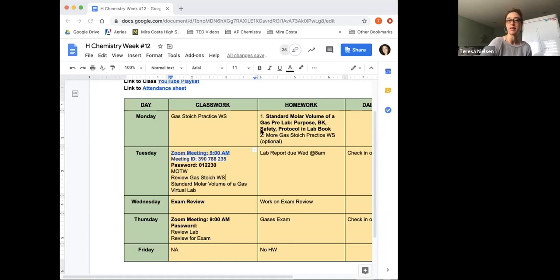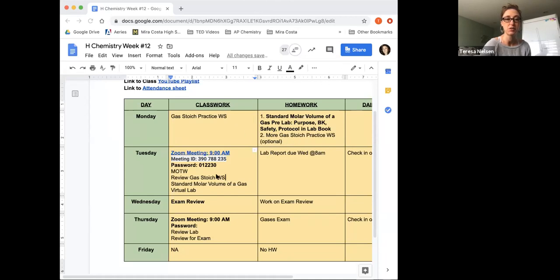So basically I'd like you to do as much of those worksheets as you deem necessary to help understand gas stoich. I also asked you to do a pre-lab in your lab book last night to work on the purpose, background knowledge, and safety protocol for the standard molar volume of a gas lab. And so that was yesterday.